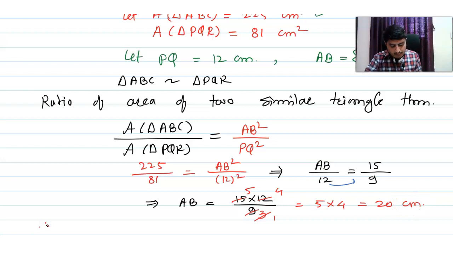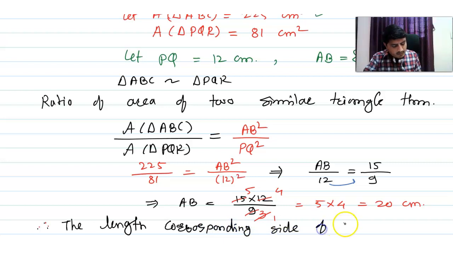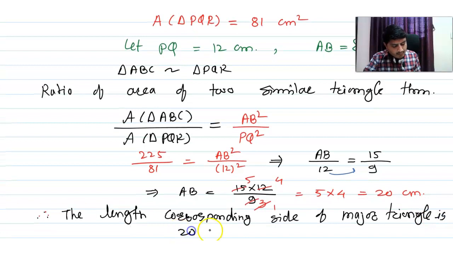So our final answer: therefore the length of the corresponding side of the major triangle is 20 centimeter. Hence we have the fifth question.